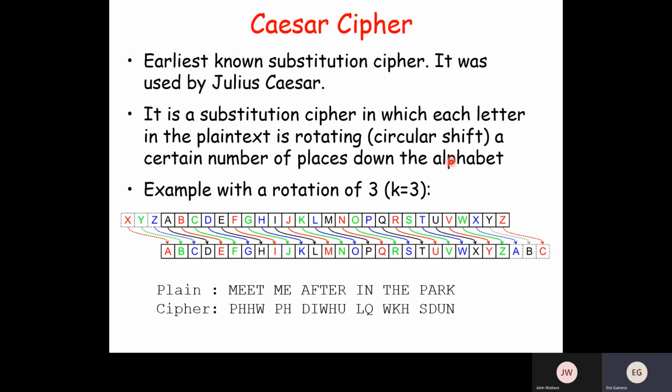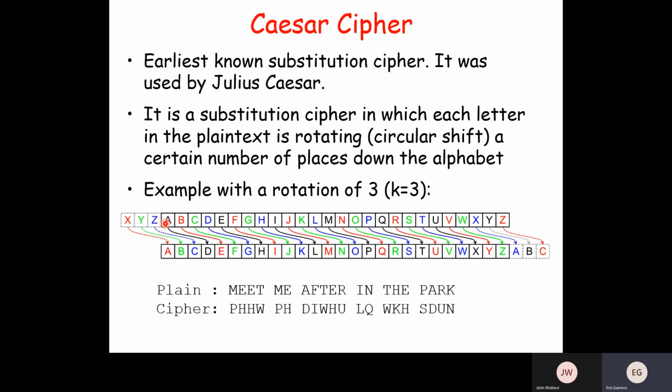So what he would do, he would take the alphabet that has 26 letters and shift all the letters a certain number of positions. So for example, if you look here, we have the alphabet from A to Z. And, for example, he would decide to shift it 3 positions.